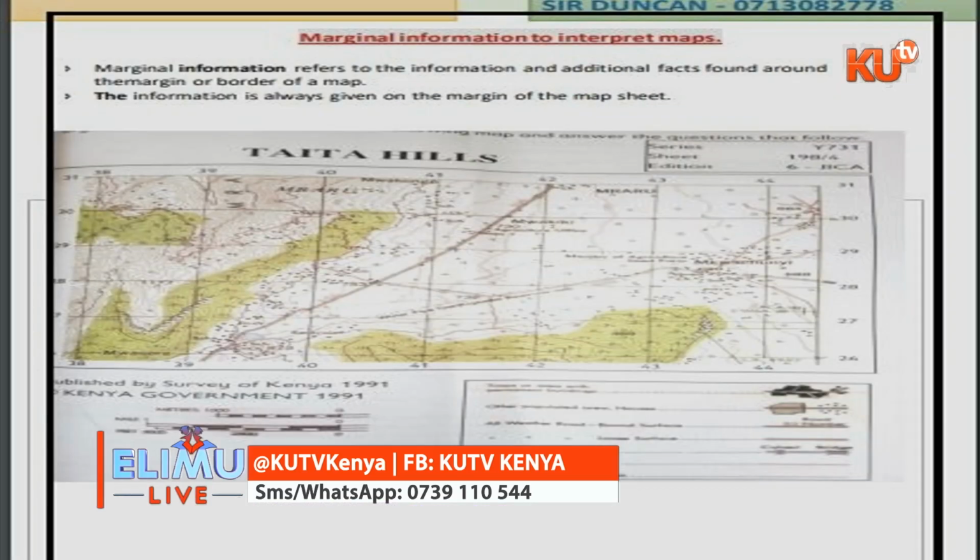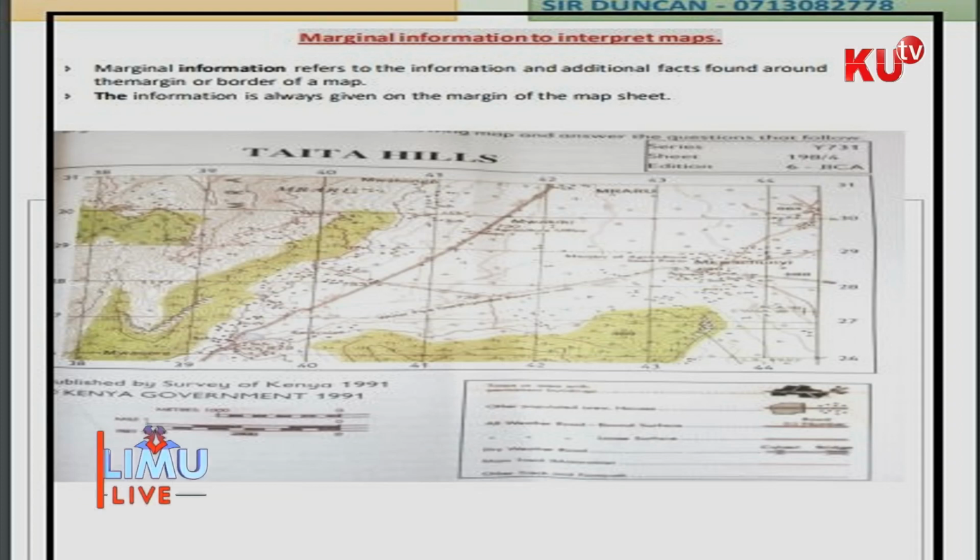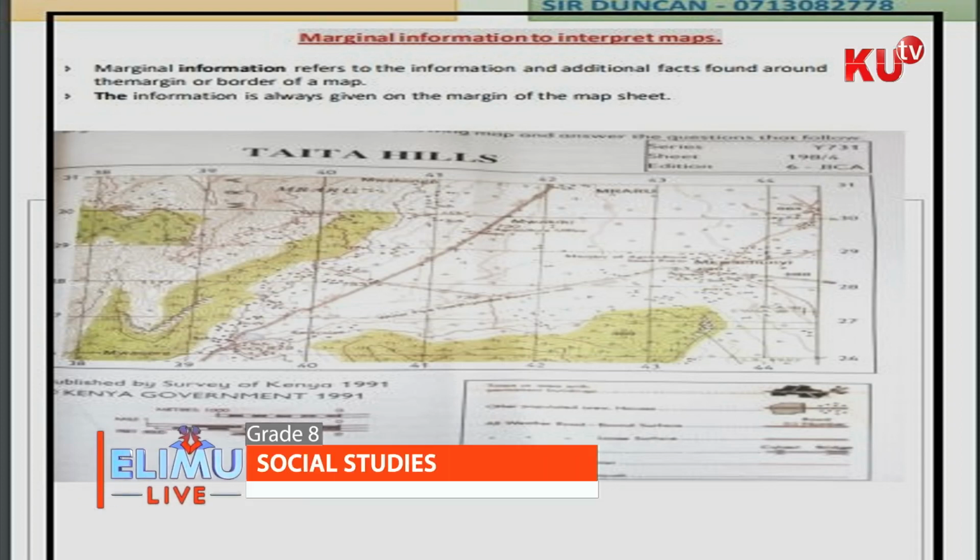On your left-hand side, down, we can see the publisher: published by Survey of Kenya 1991. So the publisher is the person or the company that published the map. For instance, in this case, this map was published by Survey of Kenya.